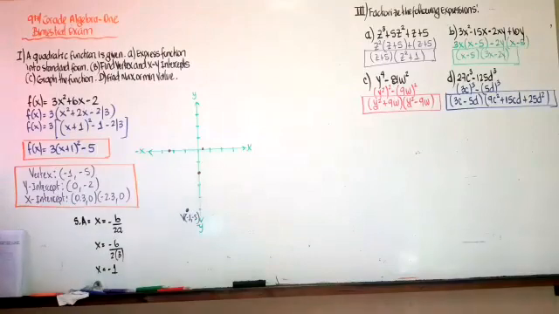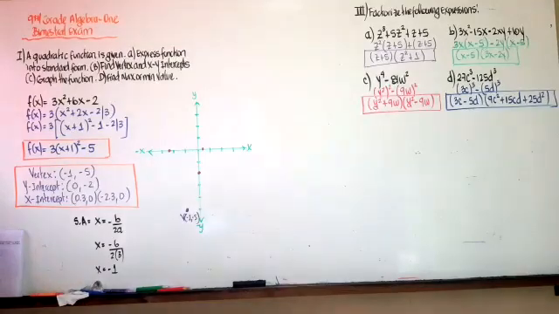This -1 means the x from the vertex is moving 1 unit on the x-axis to the left side. That means the x will be positioned at -2. If we evaluate the equation at -2: -2 plus 1 is -1, squared is 1, times 3 is 3, minus 5 is -2.